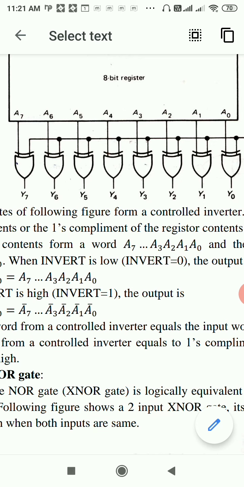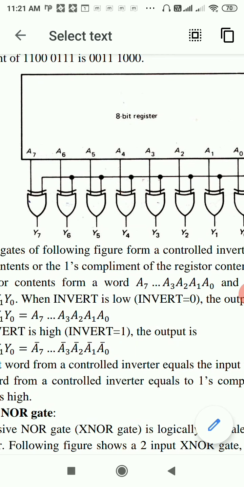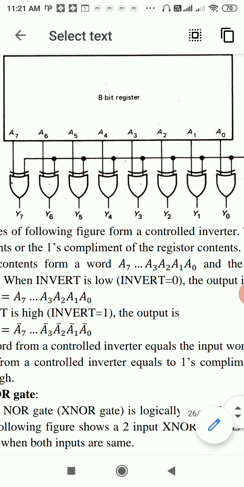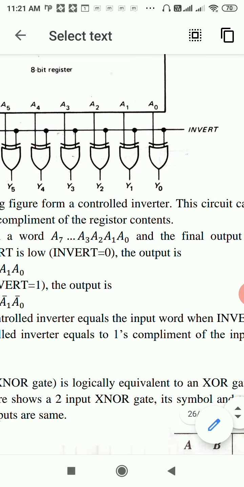Output word is Y7, Y6, Y5, Y4, Y3, Y2, Y1, Y0. It is the same word which is stored in the 8-bit register, and that is A7, A6, A5, A4, A3, A2, A1, A0. Now when invert is 0, this is the case.